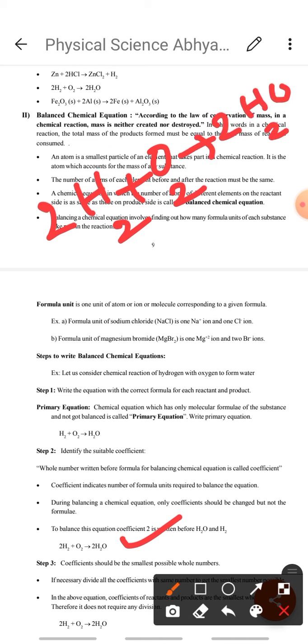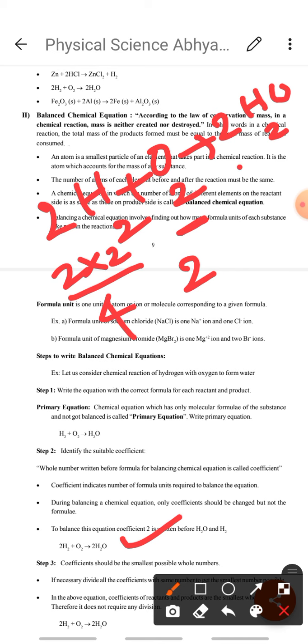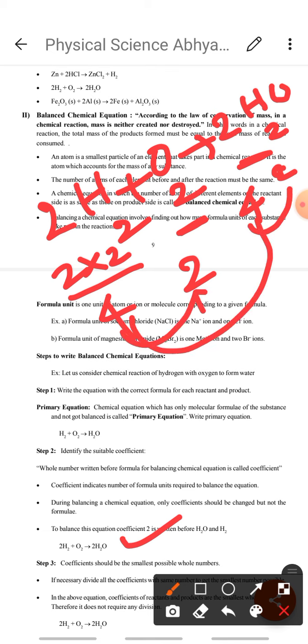So 2 into 2, 4 hydrogen atoms here, 2 oxygen atoms here; there also 2 into 2, 4, and oxygen 2 into 1, 2. 4 and 4 equal, 2 and 2 equal. So this is balanced.